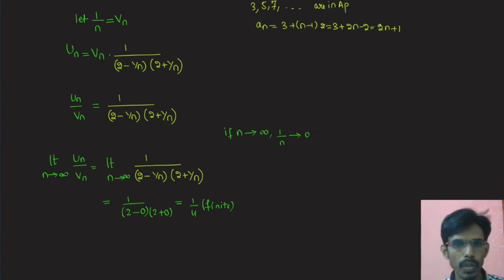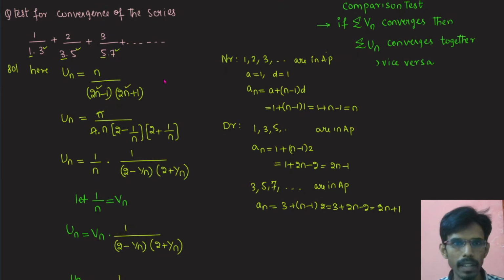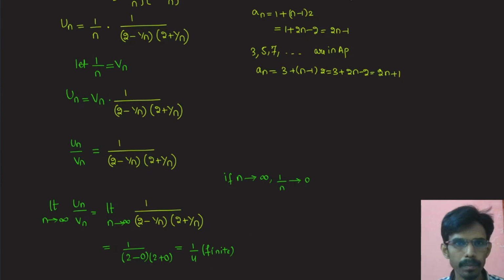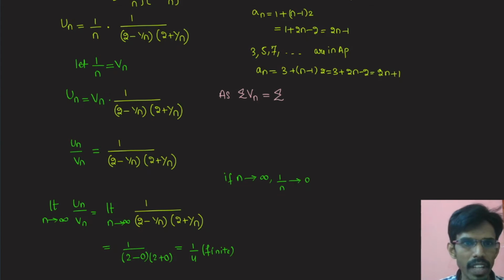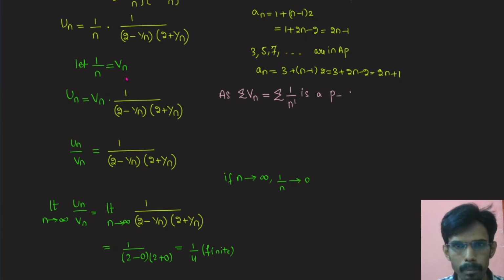We get this ratio as finite. Now we say that by P series, as we have sigma Vn, that is second series, sigma Vn value we have this 1 by n. 1 by n power 1 is a P series or auxiliary series with P value 1.